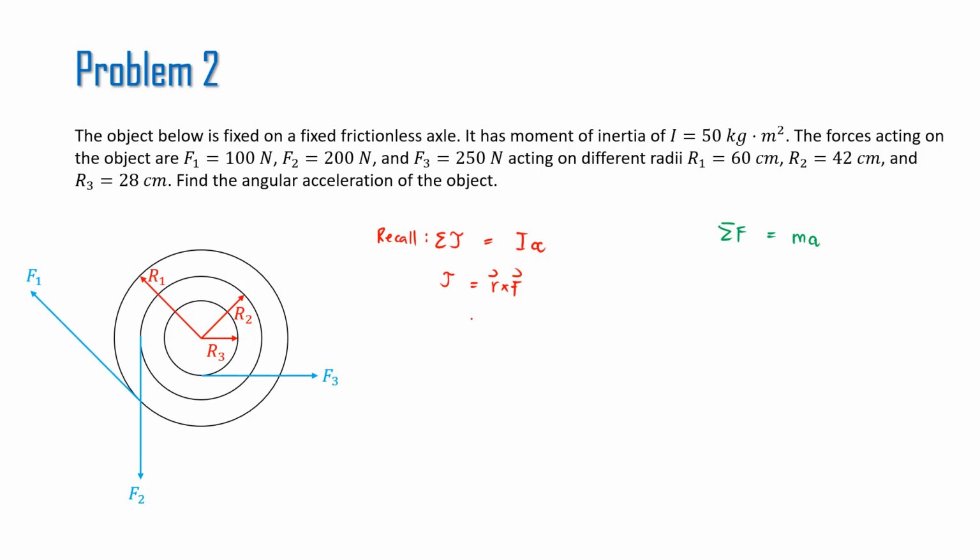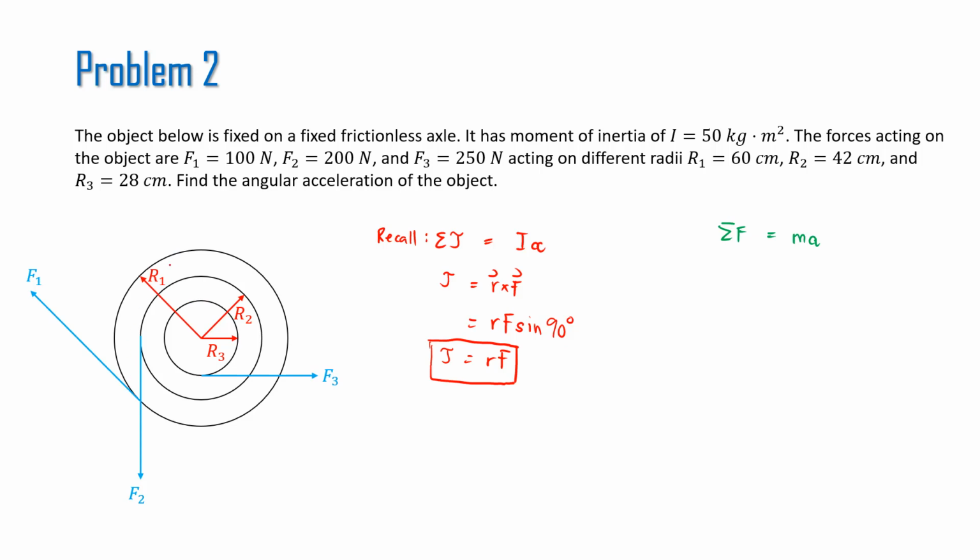So this is just equal to R times F times sine of the angle. If R and F are perpendicular with each other, then the angle between them is 90 degrees, and sine 90 degrees is equal to 1. Therefore, the torque is just equal to R times F. Then we will get each of the torques due to the three forces.